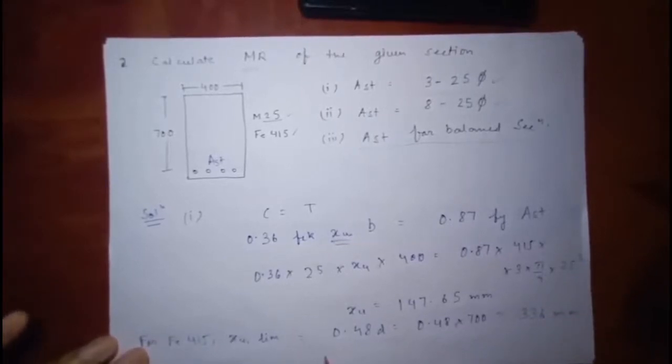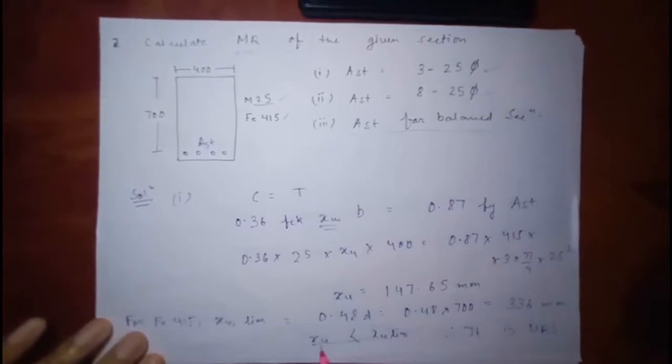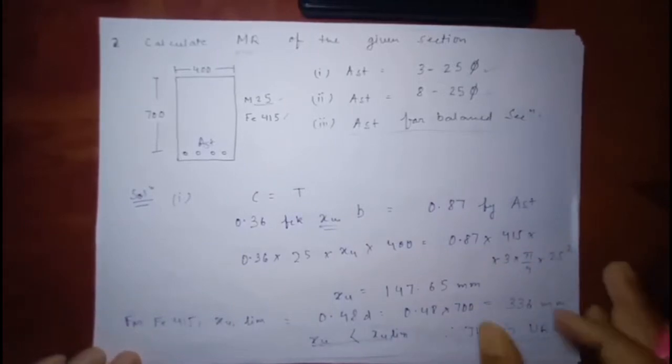So I can say that XU is less than XU limit, therefore it is URS, that is under reinforced section. Since our XU is less than XU limit, it is our under reinforced section.